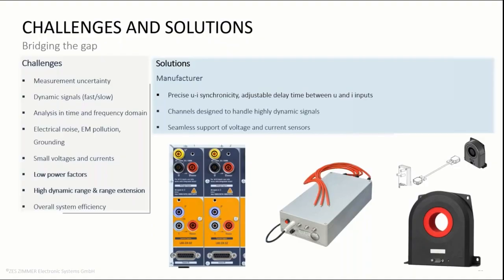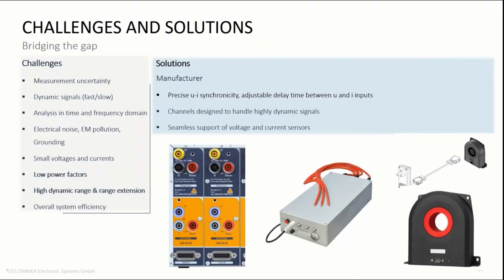This is achieved by careful analog and digital design, and is best guaranteed when the voltage and current channels are integrated into one single power measurement module. To further fine-tune the phase measurement, a power analyzer makes the delay time between voltage and current inputs adjustable.